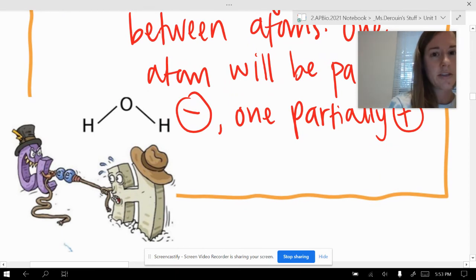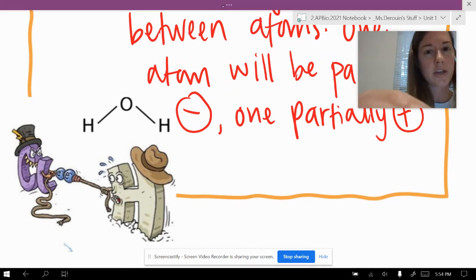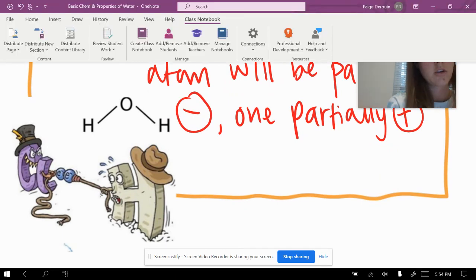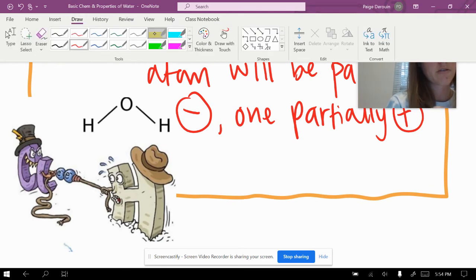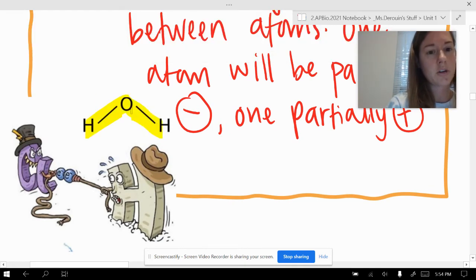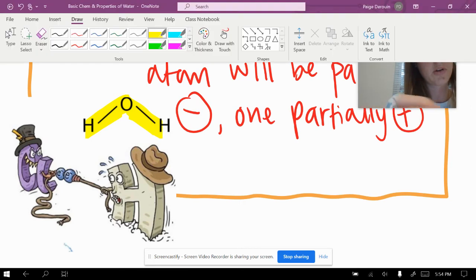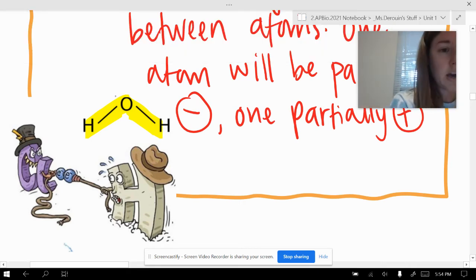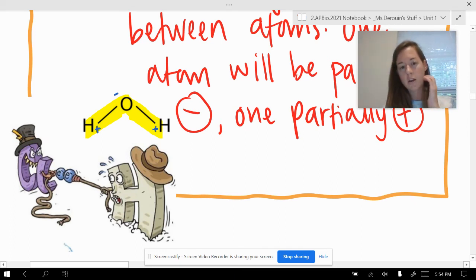This whole water molecule is neutral, but the oxygen pulls a little bit harder, so it's partially negative. And the hydrogens don't pull as hard, so the electrons are farther away from them, so they're partially positive. And we'll talk more about this in our water video in a few minutes.